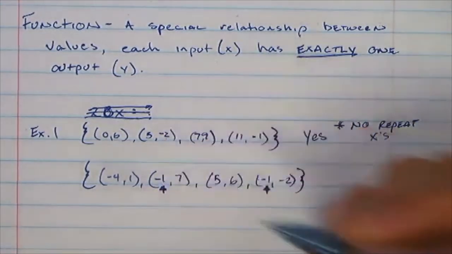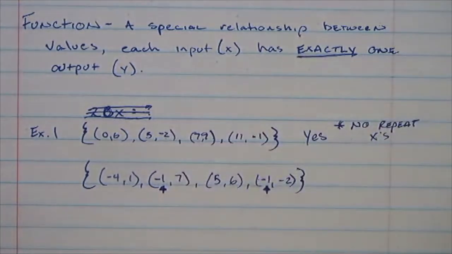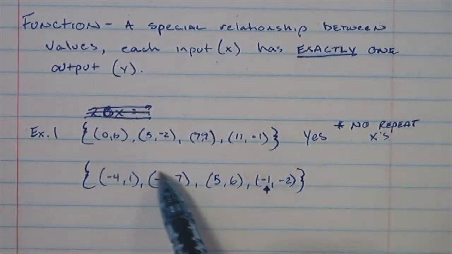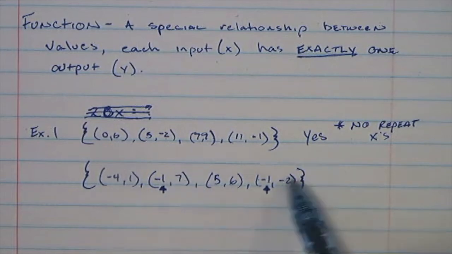This right here tells me that whatever the equation is that governs these points as they are established, when I put a -1 in there, I might get a 7 or I might get a -2. That's an uncertainty, and therefore this is not working.